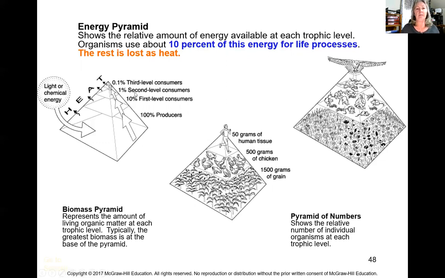But this might be 10,000 calories. Then you would reduce that to 1,000 and then to 100 and then to 10. So just to note that in an energy pyramid, with each level that you change to, the energy consumed is 90%, but the energy transmitted to the next level is only 10%.